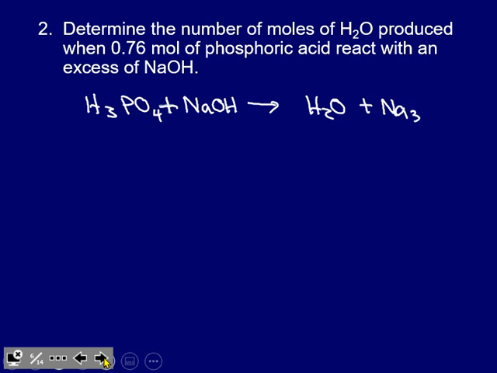Na with a 3 because we're crossing over. And what do I need to balance that? The balancing is really, well, it's all important because if you don't have the formula right, you can't balance it, right? What do you got? You need 3 for the NaOH, sorry. I need the 3 there.